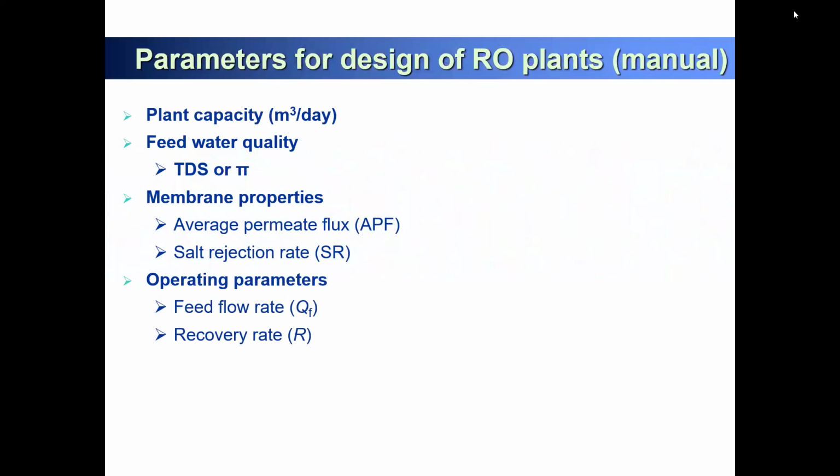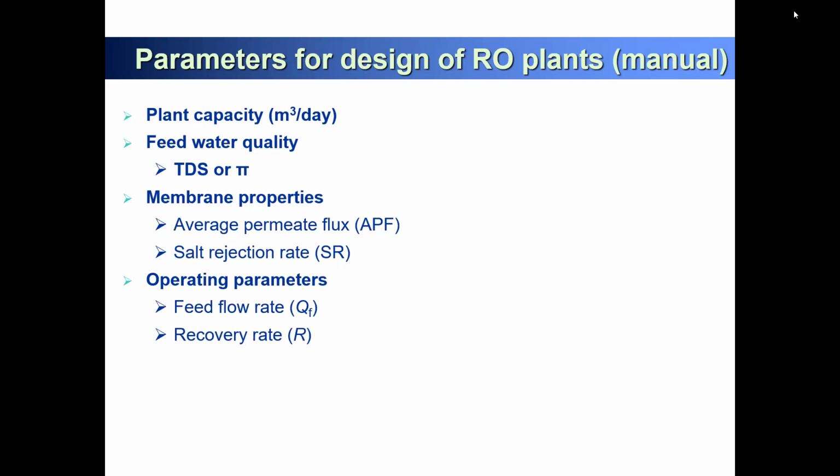These are the parameters for design of an RO plant. You need to know the plant capacity in cubic meters per day. You need to decide membrane properties and salt rejection, because it depends on the feed water quality and even the permeate water quality.